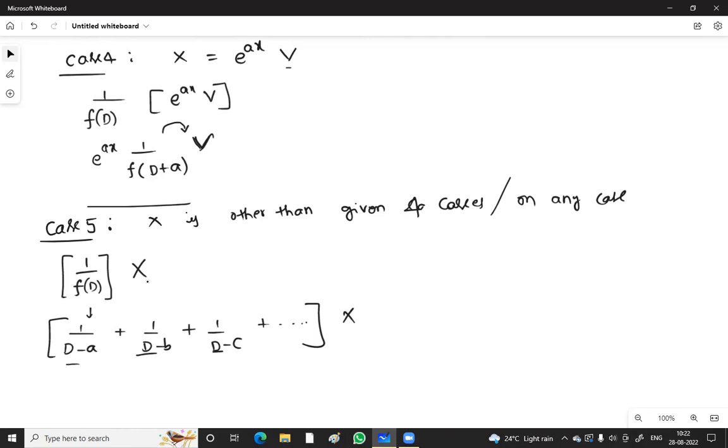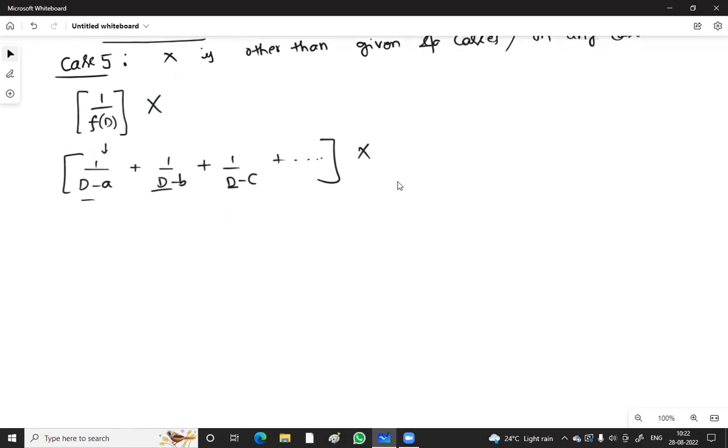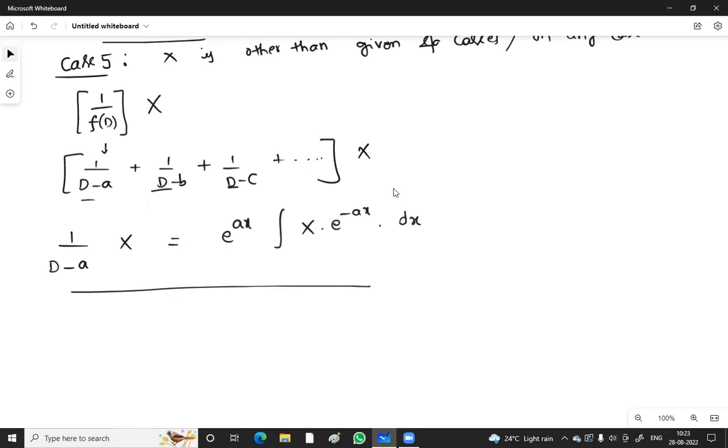How to operate on x? One general formula I am writing here: 1 over D minus a operating on x is equal to the direct formula e to the power ax into integration of x into e to the power minus ax dx. That's it. This is the solution.